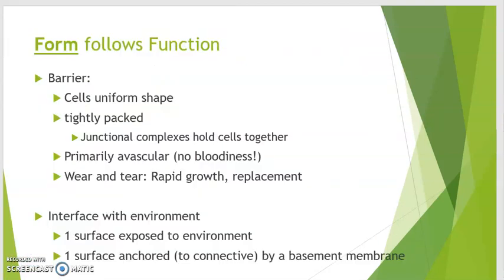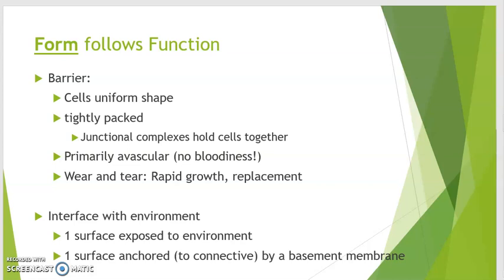When we think about those two functions, barriers and interaction with the environment, we can think about what type of form this tissue will take. Well, if you have a barrier or a sheet, you want tissues that have uniform cell shapes.